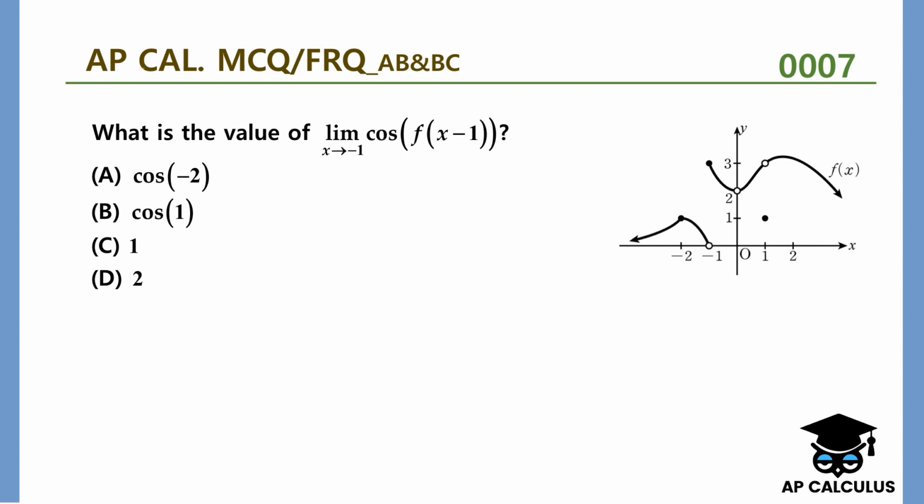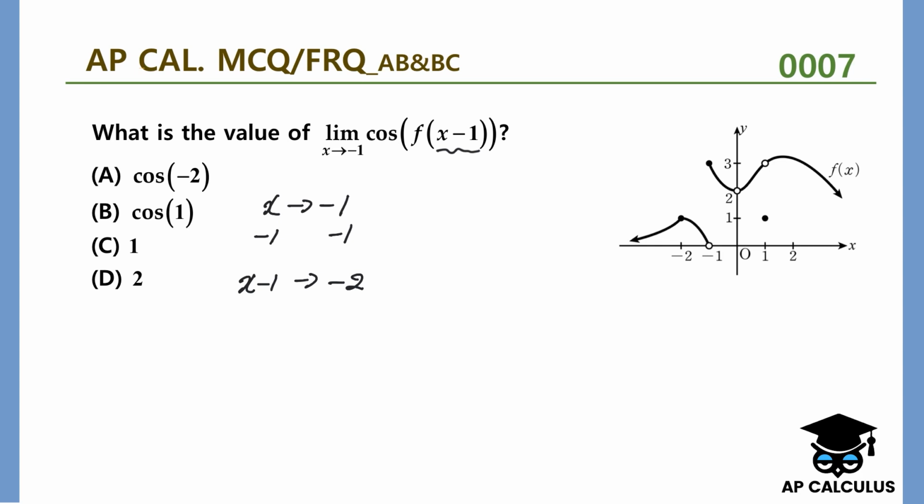Question number 7. What is the value of the limit as x approaches -1 of cosine of f of x minus 1? So x approaches -1, right? Then what about x minus 1? We subtract 1 from each side. Then it gives us x minus 1 approaches -1 minus 1, -2, right?